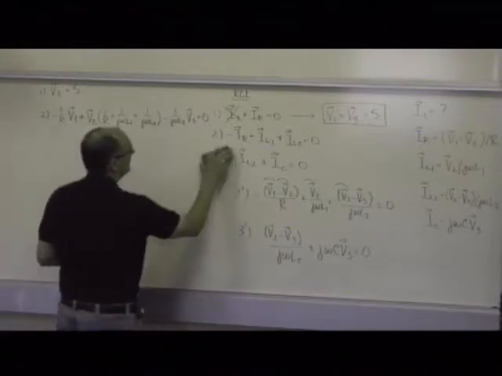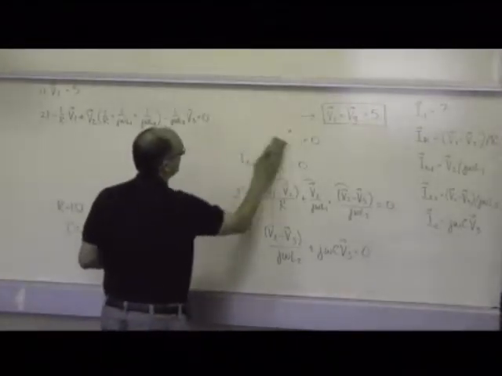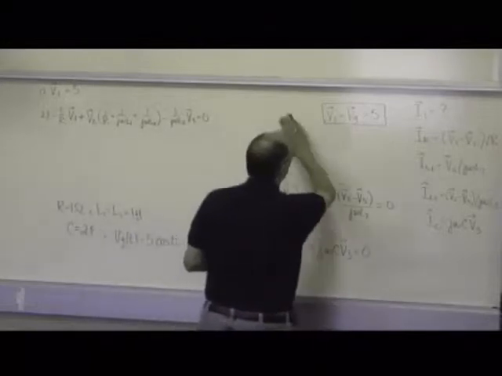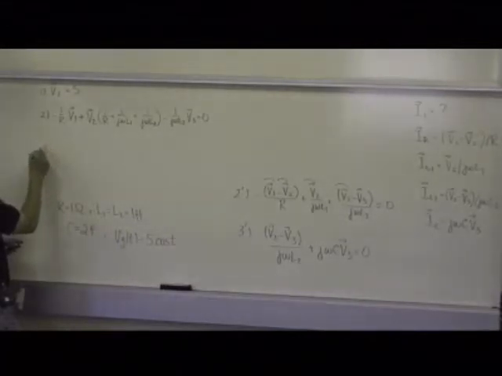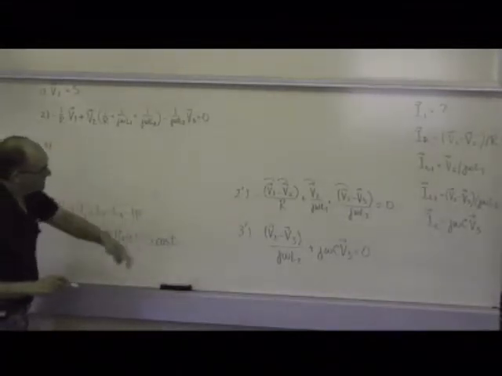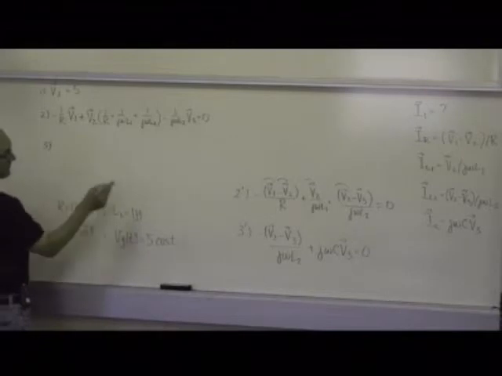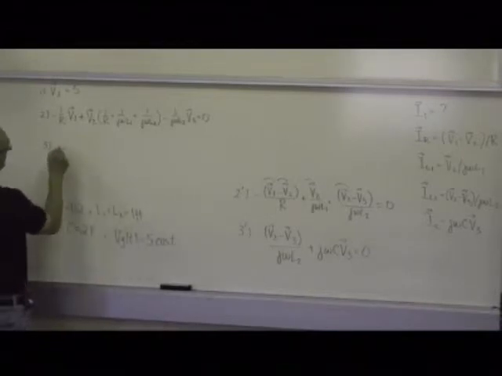And actually, let me do these here. Last equation, there's no V1. There's one term next to V2: minus 1 over j omega L2.